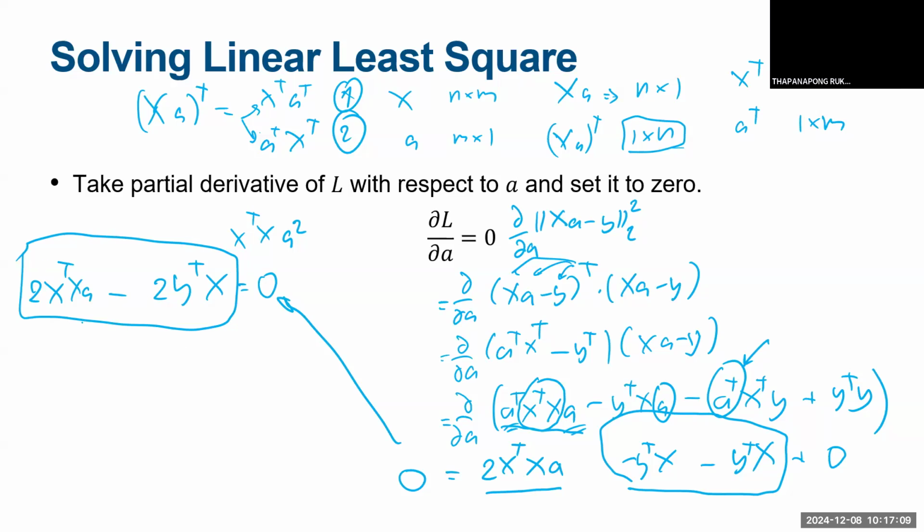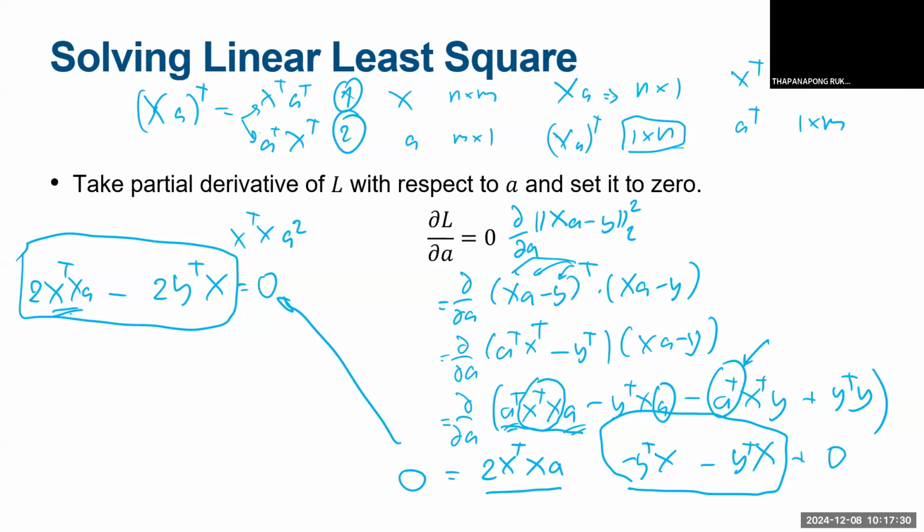You can solve this because when you do x transpose x, your matrix is going to be a square matrix.